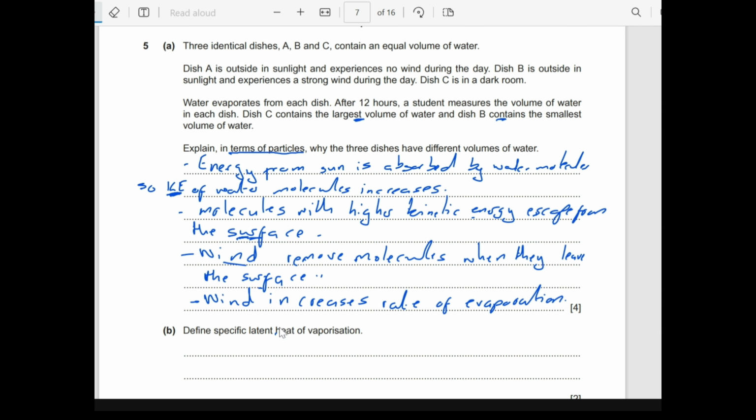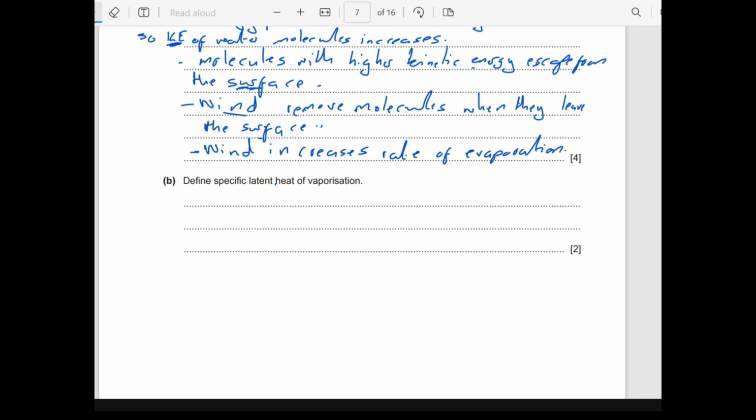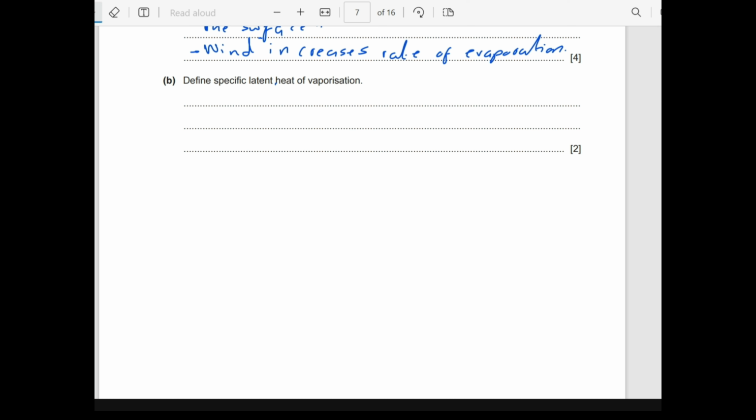Okay, define specific latent heat of vaporization.